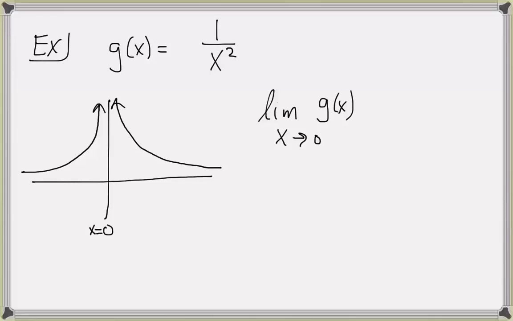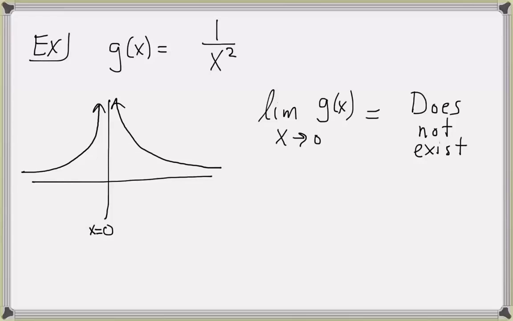You could find a value of g of x as large as you want by taking a value of x closer and closer to 0. So this limit does not exist either, because the values of g are not approaching one single number as x gets closer and closer to 0. The values of g of x are getting infinitely large as x approaches 0.